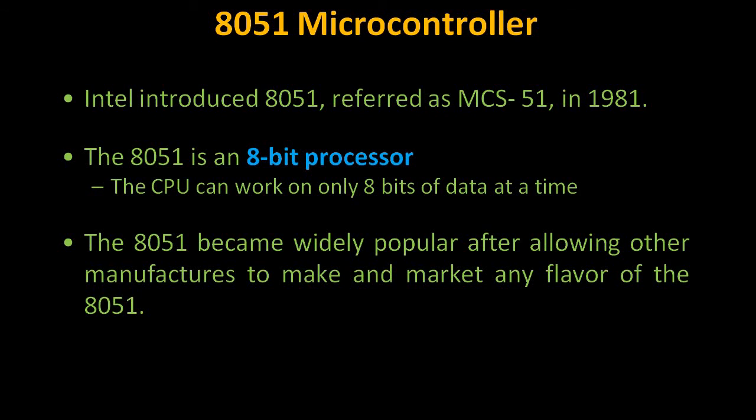The CPU can work on only 8 bits of data at a time. The 8051 became widely popular after Intel allowed other manufacturers to make and market any flavor of the 8051. So Intel permits other manufacturers or users to use the 8051.